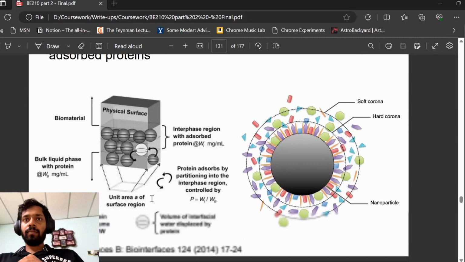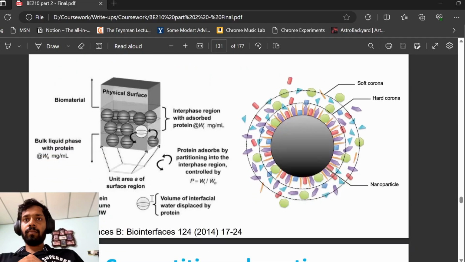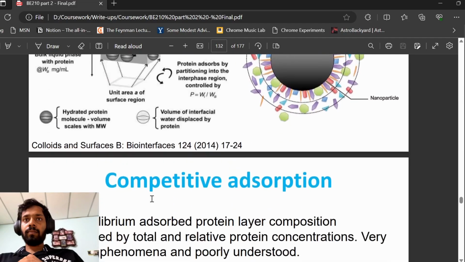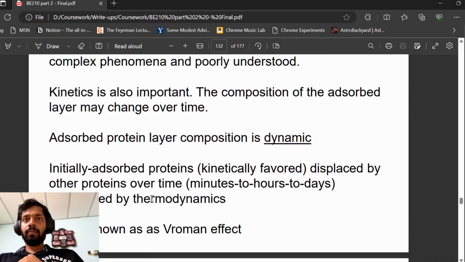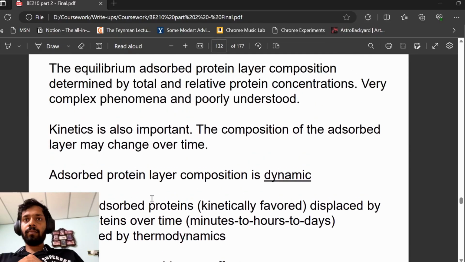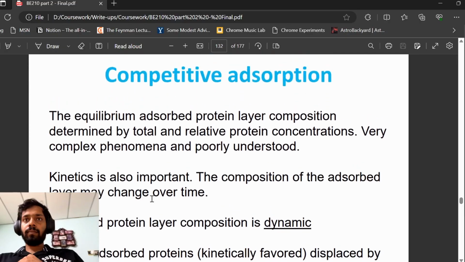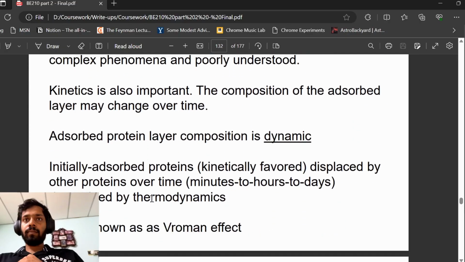So what happens is, initially when you put a biomaterial in, a lot of soft proteins with very weak structural robustness start to come and bind to this biomaterial.